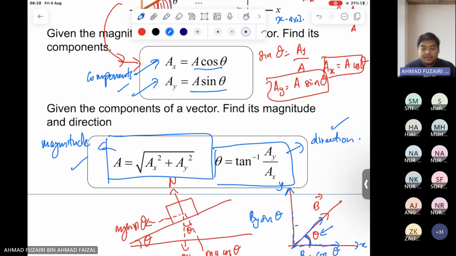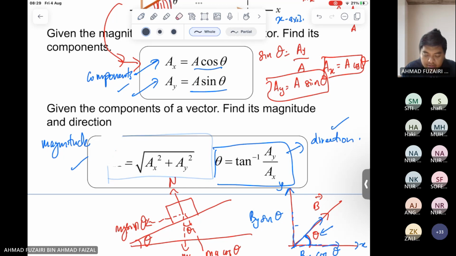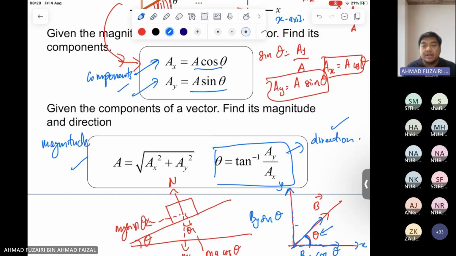You look carefully. Okay, how to get a magnitude? The magnitude comes from A equals the square root of Ax squared plus Ay squared. Sebenarnya kalau kita naik ke atas sikit, dia akan jadi A squared equals Ax squared plus Ay squared.